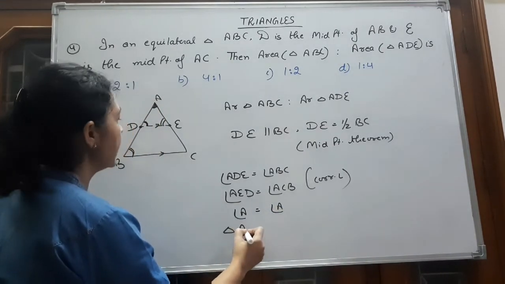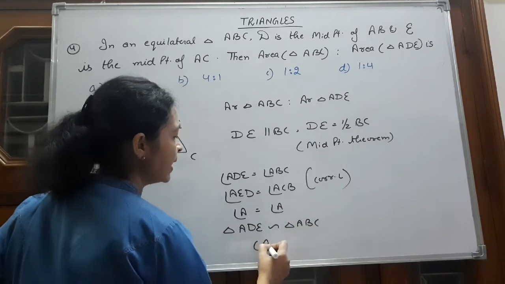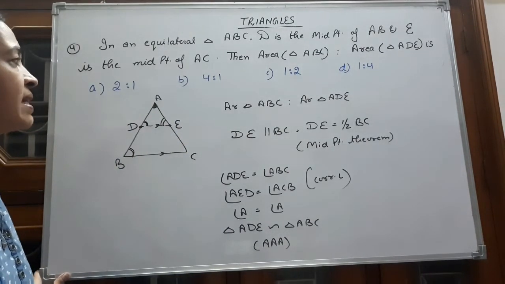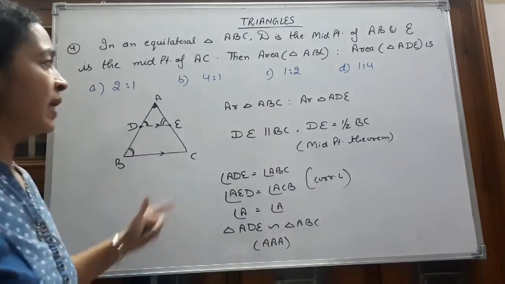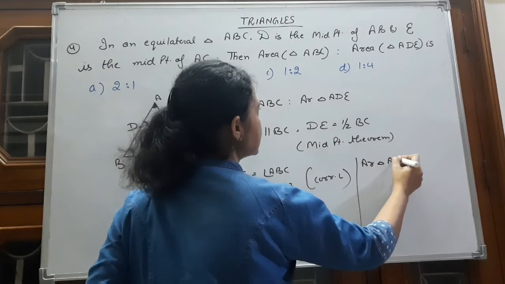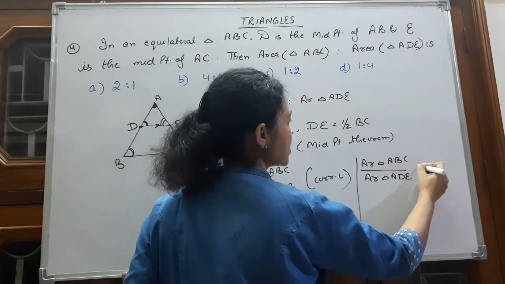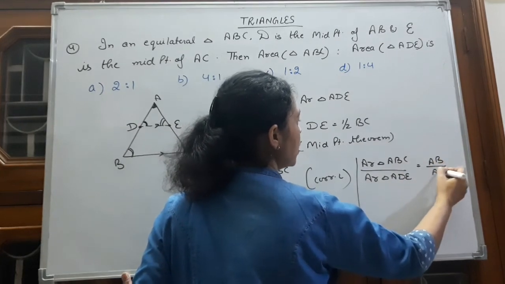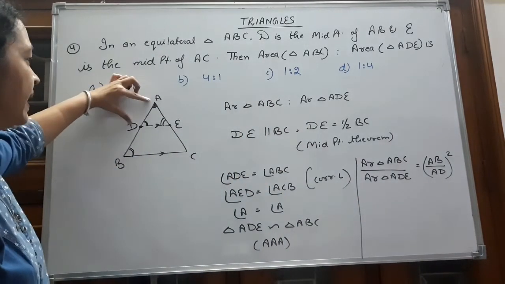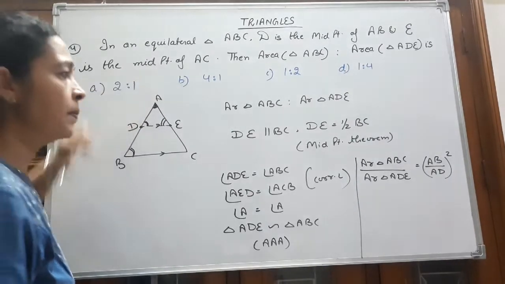So, triangle ADE is similar to triangle ABC by which criteria? AAA. Now, when both the triangles are similar, we have to find the ratio of ABC and ADE. Area of triangle ABC upon area of triangle ADE must be equal to (AB upon AD) whole squared. Now what is AD? D is the midpoint of AB. So AD can be written as half of AB.